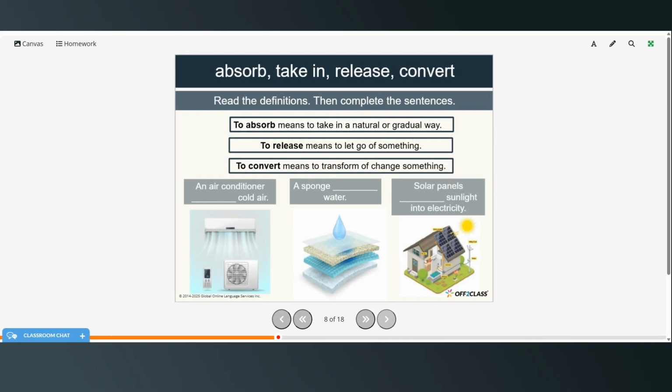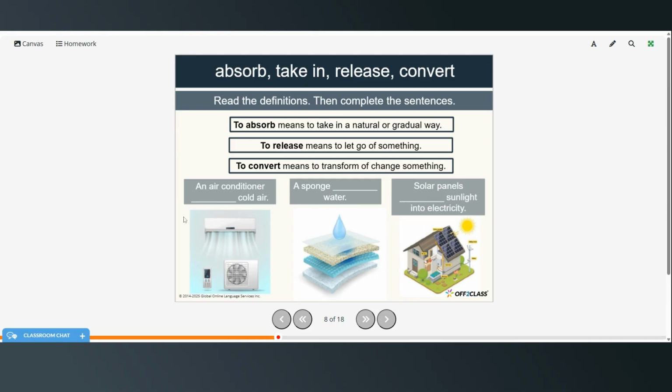So we're going to talk about some verbs now. Absorb, take in, release, and convert. So let's read the definitions. To absorb means to take in a natural or gradual way. To release means to let go of something. To convert means to transform or change something.